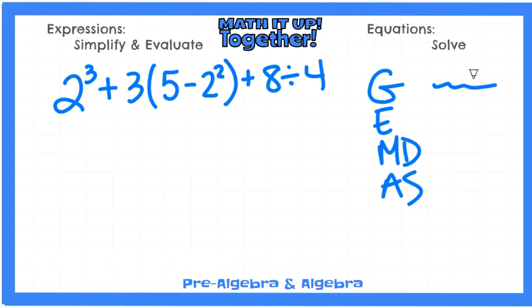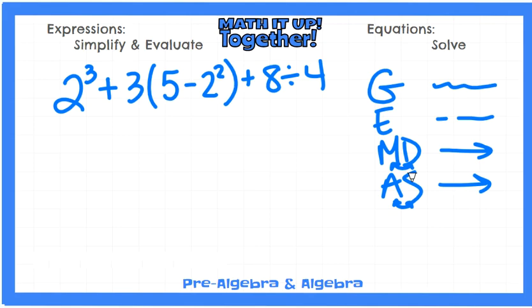That could be parentheses, that could be brackets, that could be a fraction line, all different kinds of things, absolute value. Then we'll move on to exponents, and then any multiplying and dividing we see from left to right, and then any adding and subtracting we see from left to right. These do not have to be in this order. They can be in either order, but we are going to catch them as we go from left to right.